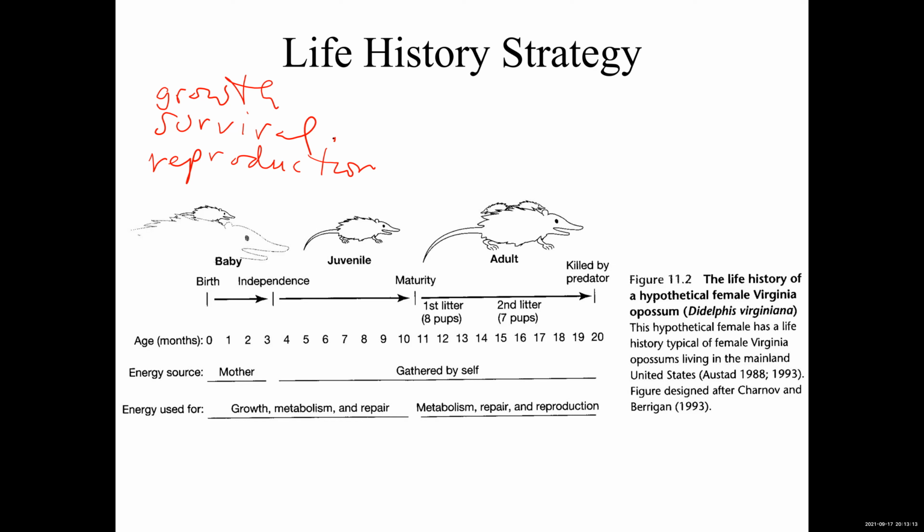Another important thing about life history strategies is that these traits are connected to one another. Just like we have species that are interdependent in the environment, these life history characteristics are interdependent on one another. And so when we think about them evolving, they are co-evolved.